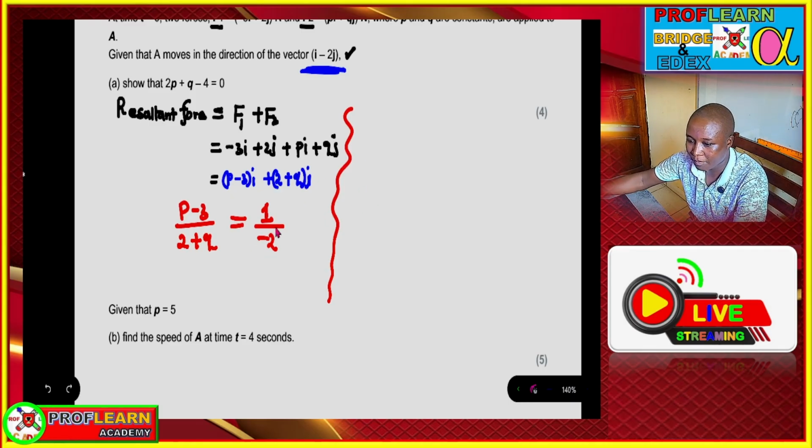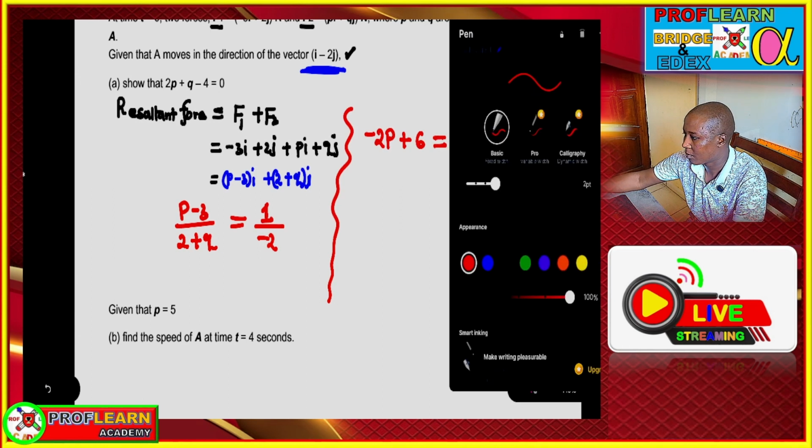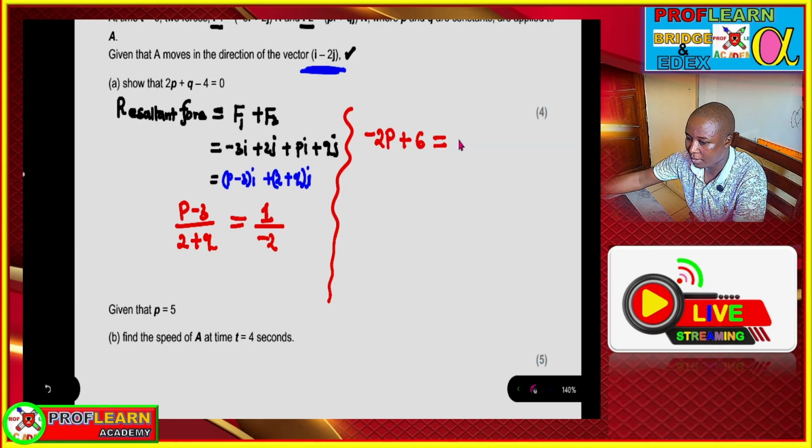If I cross multiply, we shall have negative 2P plus 6 equals 2 plus Q. So if you rearrange this, we are going to have 2P plus Q minus 4 equals 0.